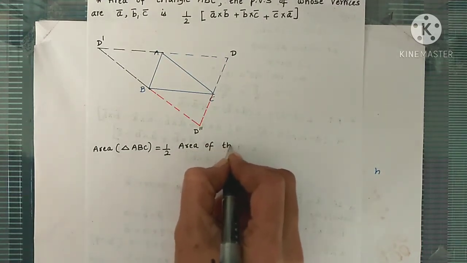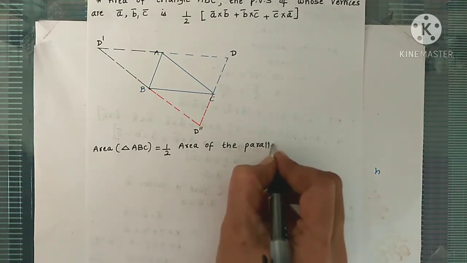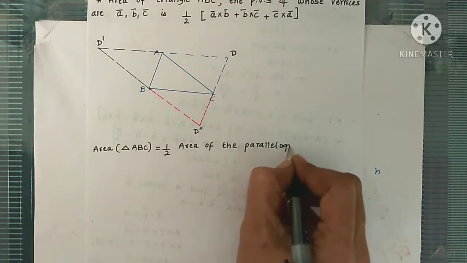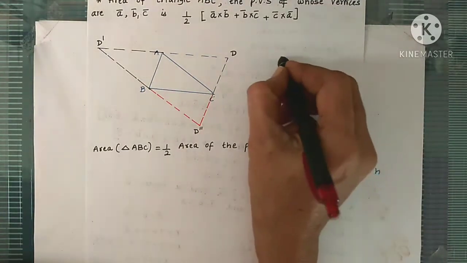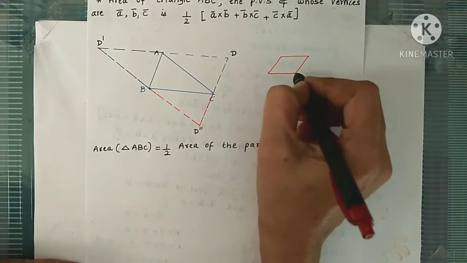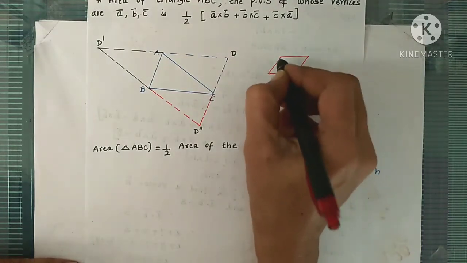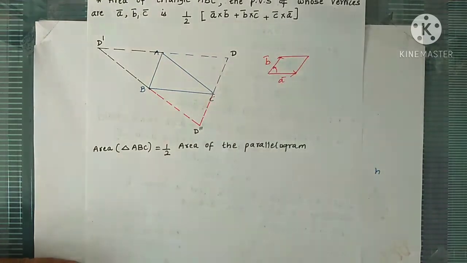Area of the parallelogram. So here I have written only parallelogram, so you can take any of the parallelograms. Whenever we want to take vector area, if this is A bar and this is B bar, then the vector area is A bar cross B bar.